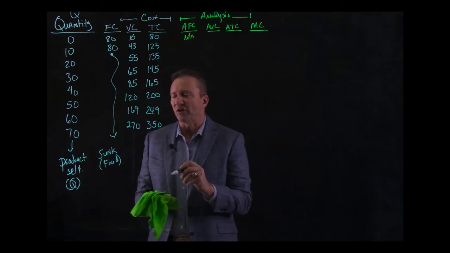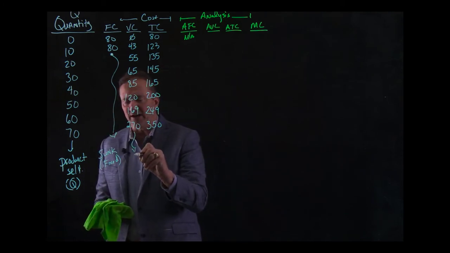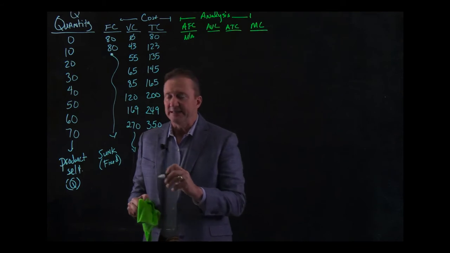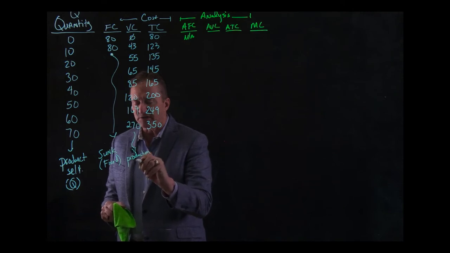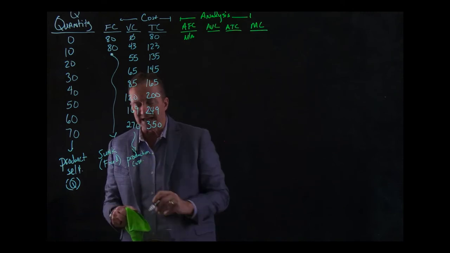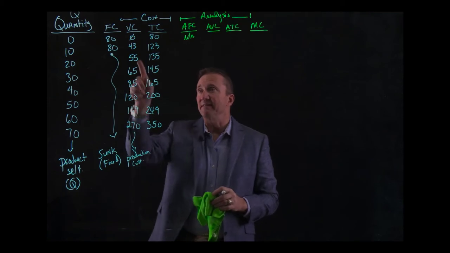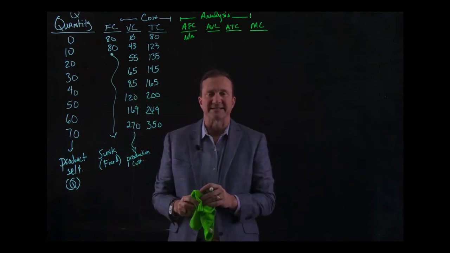All right, now the other costs we're going to look at are called variable cost. And these are what we sometimes call a production cost. So if I decide to get out and go produce, then these are the costs that I incur.